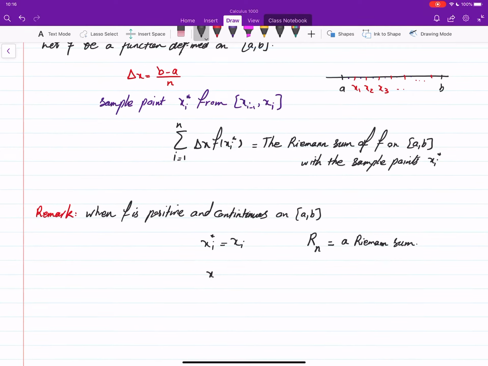And if we choose the sample point to be the left end point, we get another Riemann sum, that Ln.